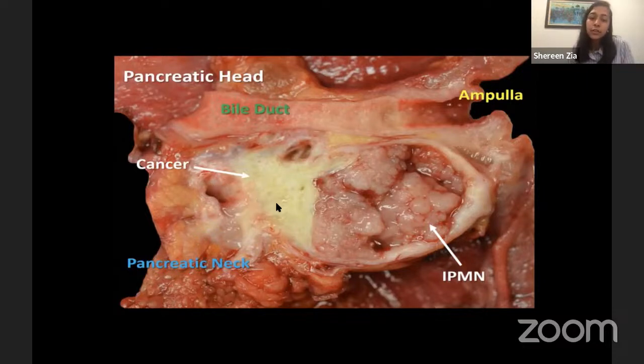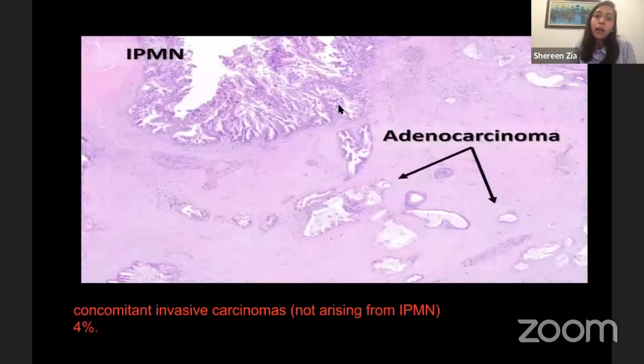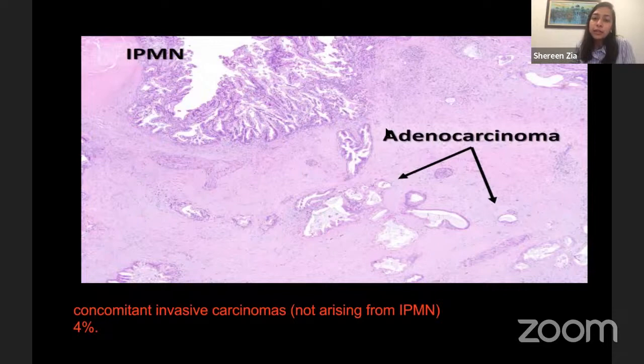So this is how a cancer associated with IPMN grossly will appear. And on microscopy, these adenocarcinoma cells are not maintaining their lobular architecture, as you will see in a pancreatic parenchyma. They're more haphazard and infiltrative glands that are arising from an associated IPMN lesion.